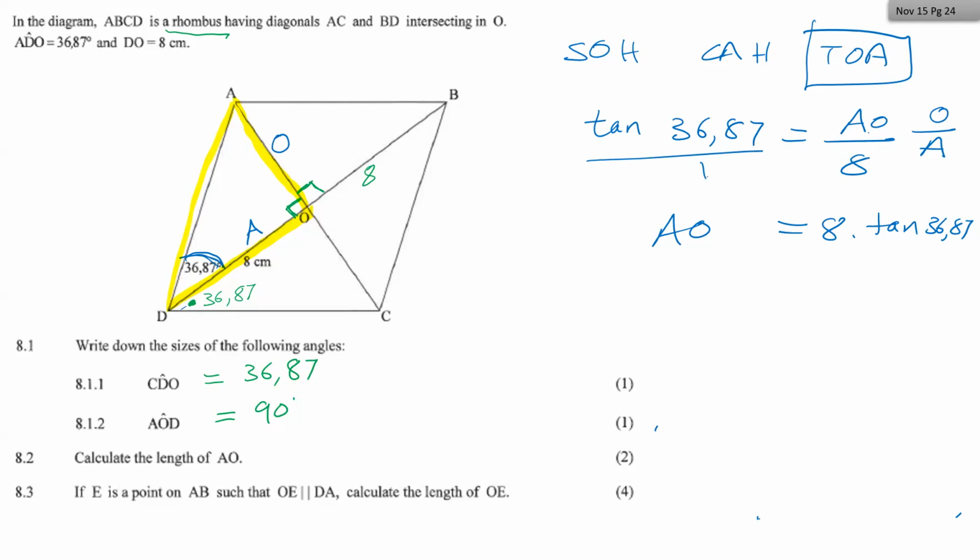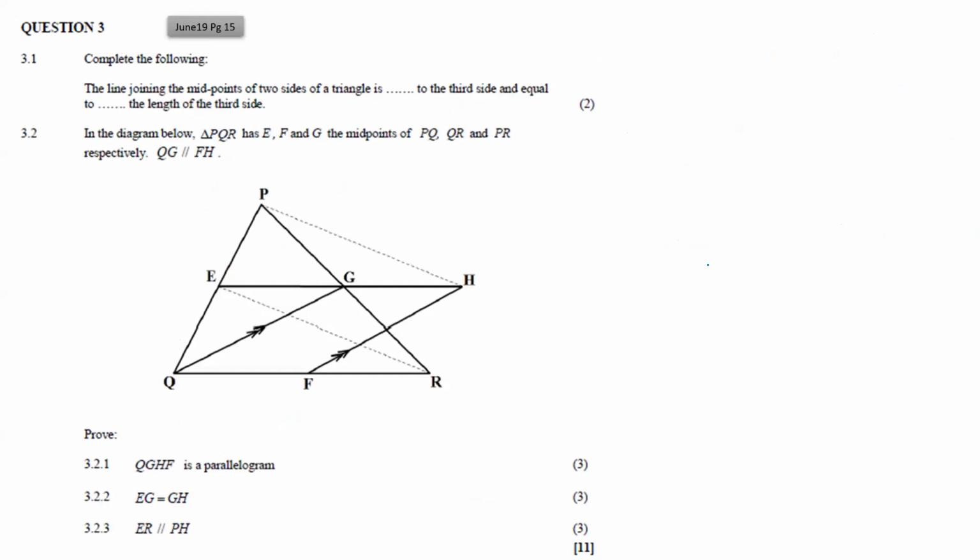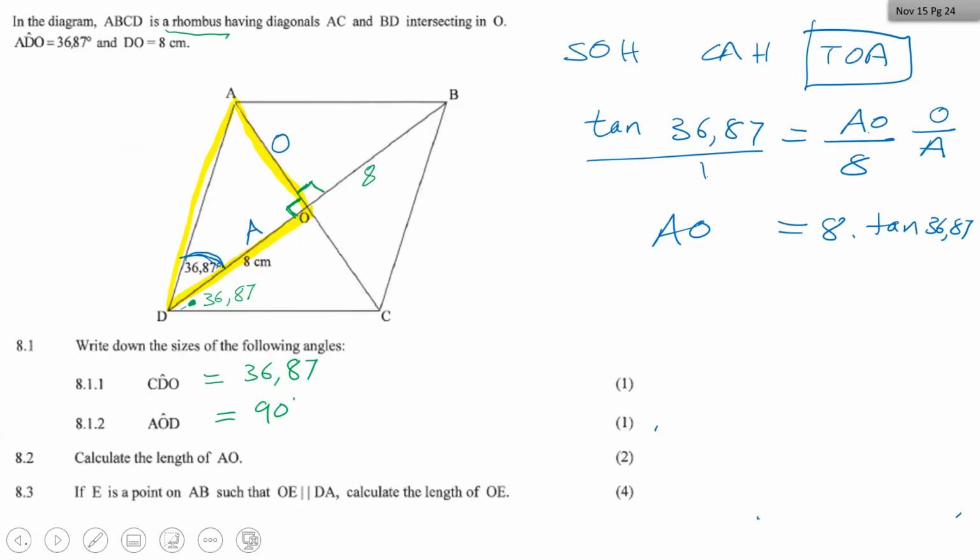All right, I think you should be getting 6. So we're going to go to the diagram and we're going to say AO is equal to 6, and we're working with centimeters.